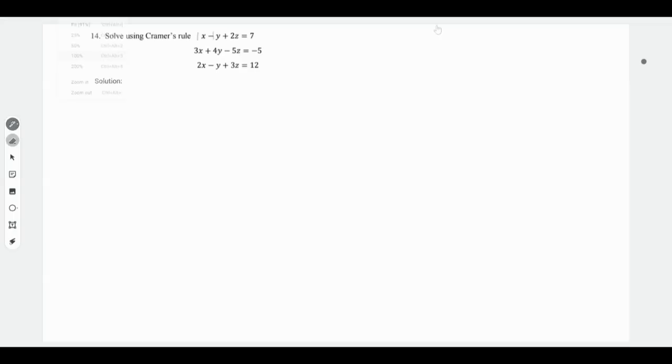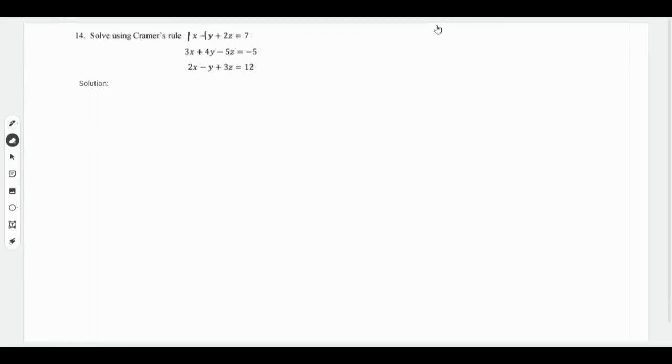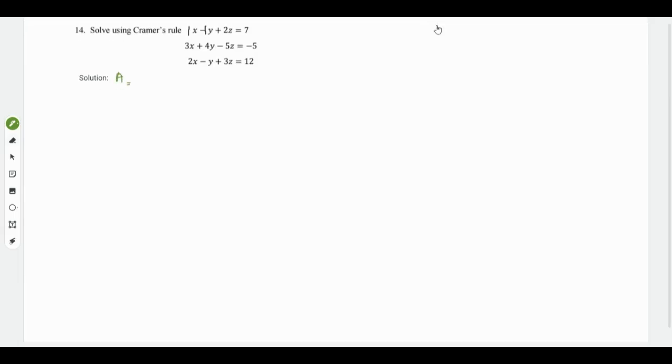So here our next question is solved by using Cramer's rule. To solve by Cramer's rule, first we need to find the determinant of matrix A. What is matrix A here?